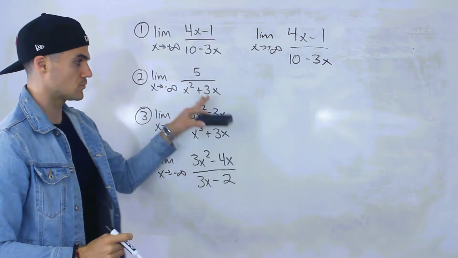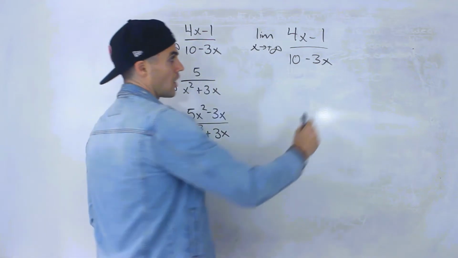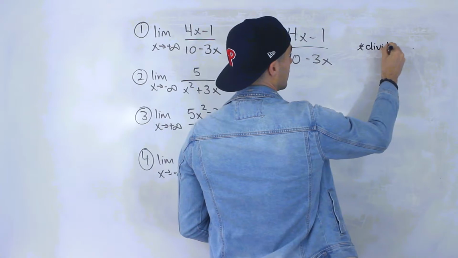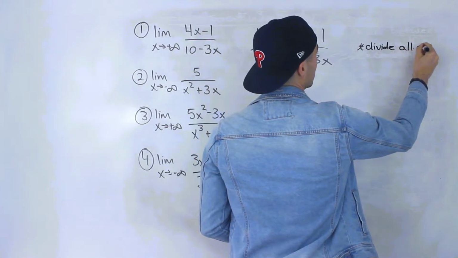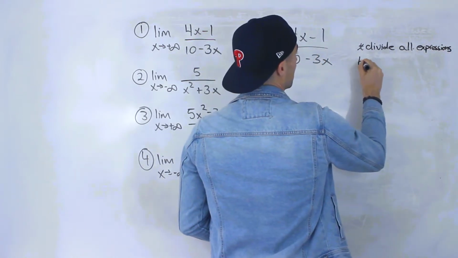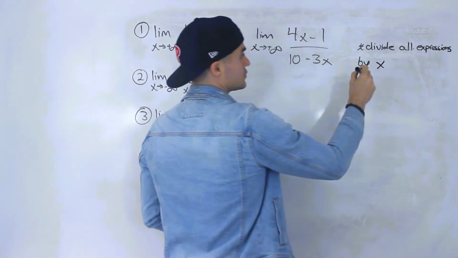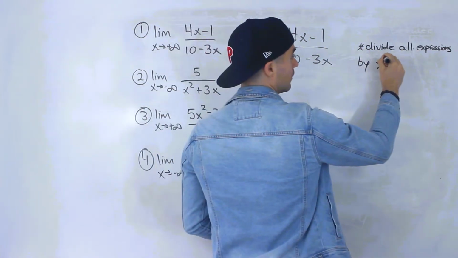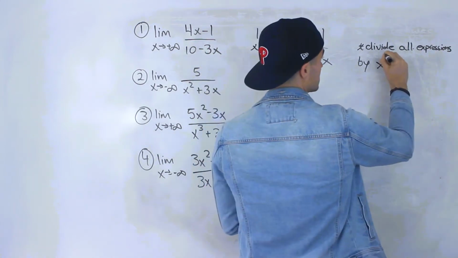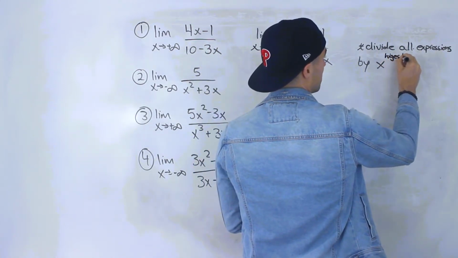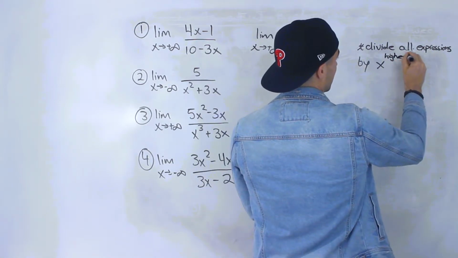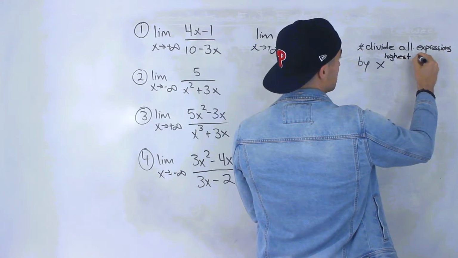And what you want to do with these kinds of limits, I'll write it down here, is divide all expressions by x to the power of the highest power in the denominator.